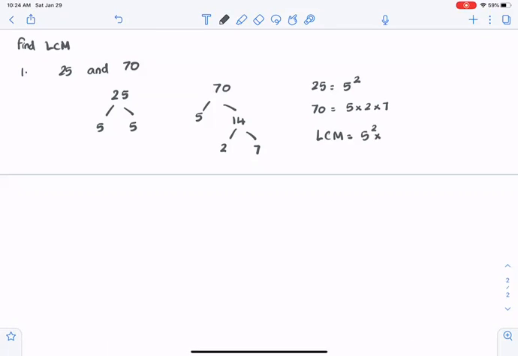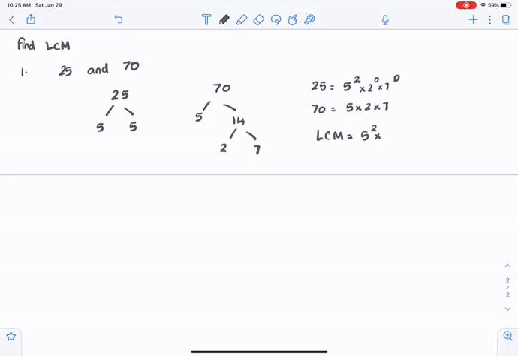When it comes to the common multiple, we can't ditch the 2 and the 7. The reason being we're not looking for the common divisor. We're looking for the smallest multiple that we can come up with. Another way to remember this is to rewrite the ones that you see as 2 raised to 0 times 7 raised to 0. Both of them are just ones.